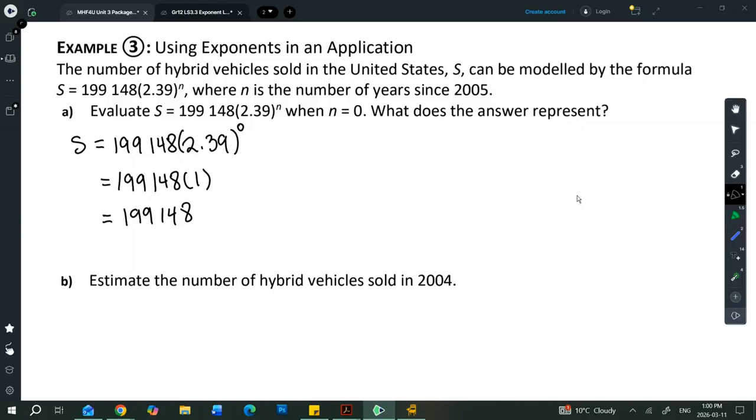So N is 0, so that's 0 years since 2005. What year is it? 2005. So what did we figure out then?